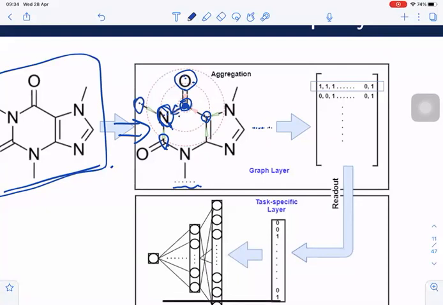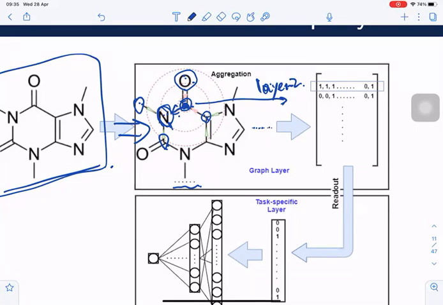So it means in layer two, this atom is updated by its neighbor's neighbors, so it means K-hops. And after you take several graph layers, you will generate a matrix at the right side. Every row vector is for an atom, the node representation.